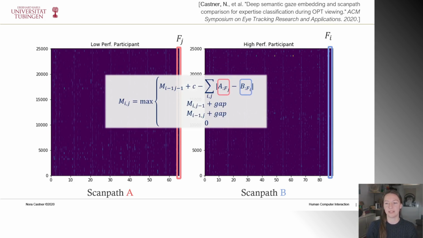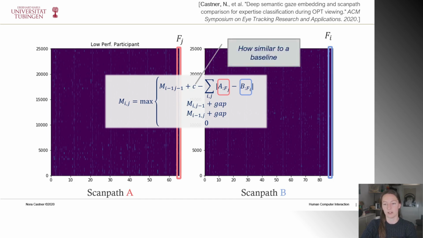But we still need a baseline to get the similarity in the overall context. So we compare this difference of the feature vectors to a baseline C. For this, C was the average feature vector difference calculated from scanpaths for a random image.